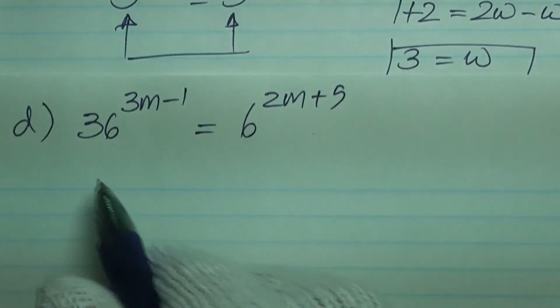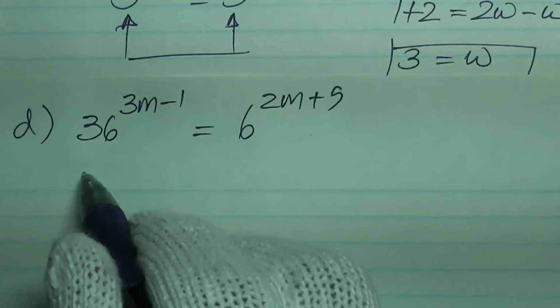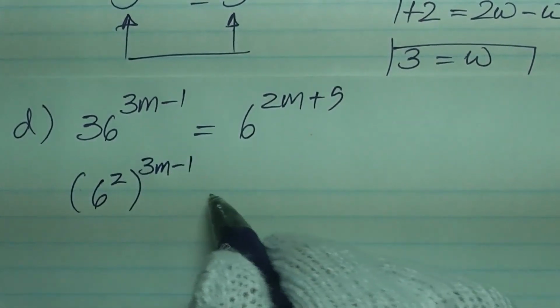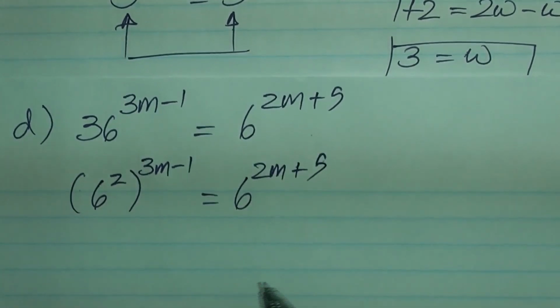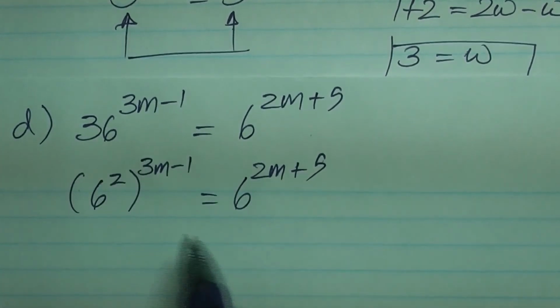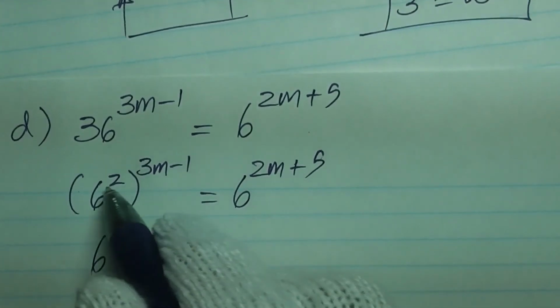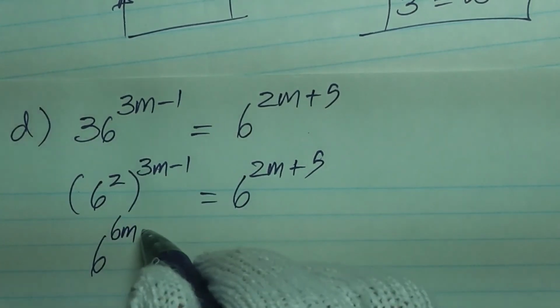Alright, I can write 36 as a power of 6. Six squared is 36. This is going to give me 6. 2 times 3m is 6m. 2 times negative 1 is negative 2.